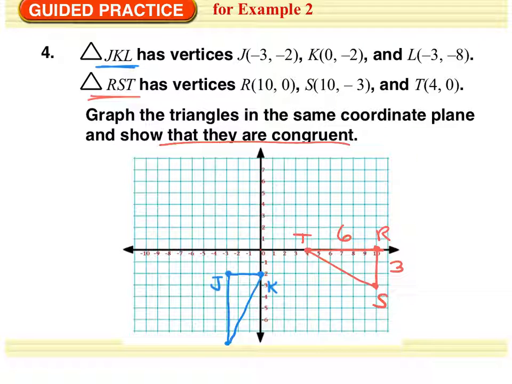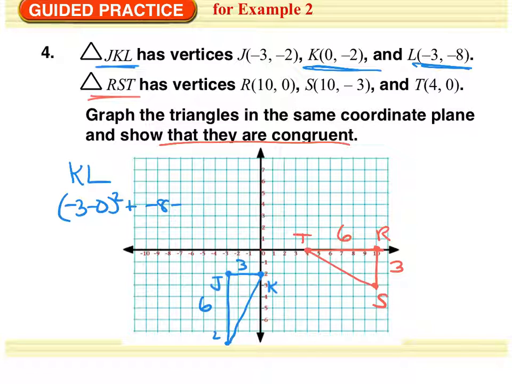If I go over here to the blue one, JK is 3. And this point down here was L. JL is 6. So now I need to find the length of KL. And I'm going to do the distance formula. So I'm going to do -3 minus 0 squared plus -8 minus -2 squared.